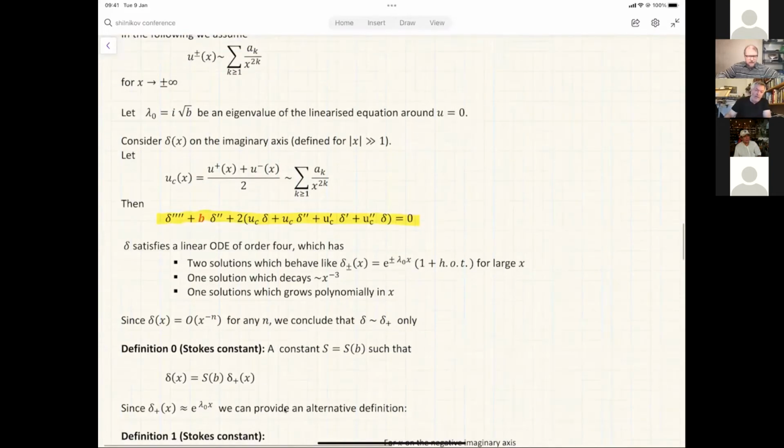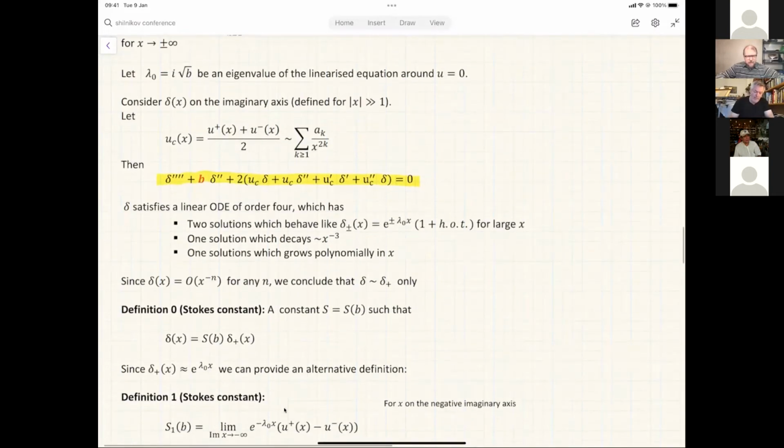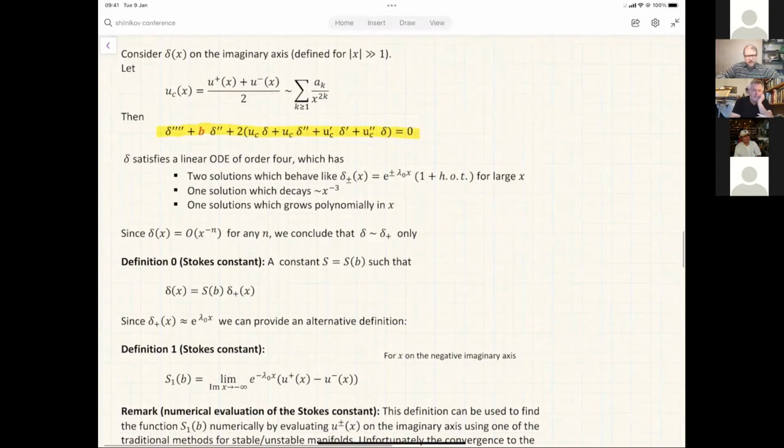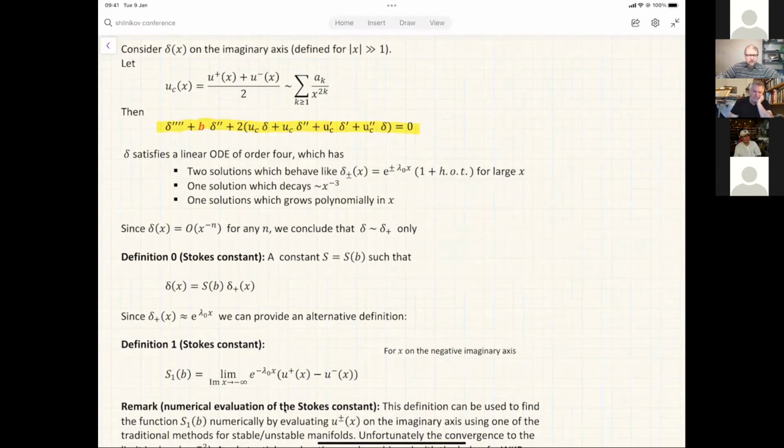We can also take the point of view that delta plus behaves by definition like an exponent with a coefficient 1 plus higher order terms. So the Stokes constant can be defined as a limit. And this formula can be used for numerical computations, and my collaborators did some numerical computations of that, and they managed to compute this constant s with high precision.